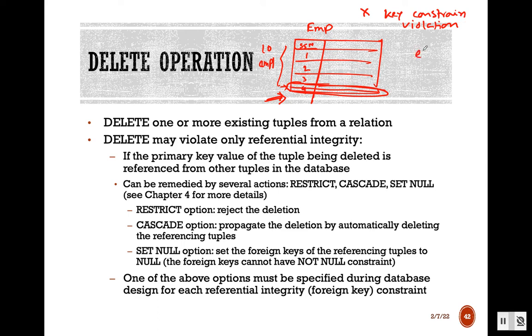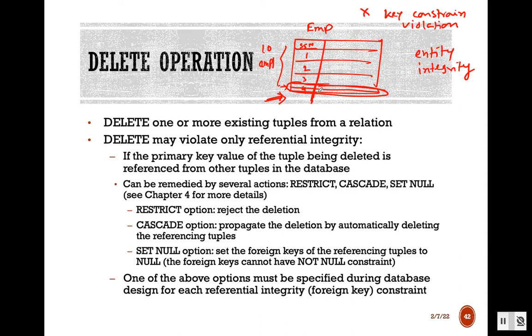So what about entity integrity? Can it cause an entity integrity violation? Entity integrity is also associated with the primary key. This constraint says that the value of a primary key cannot be null. Now if I delete a record from a table, is it possible that it causes a null value for a primary key?